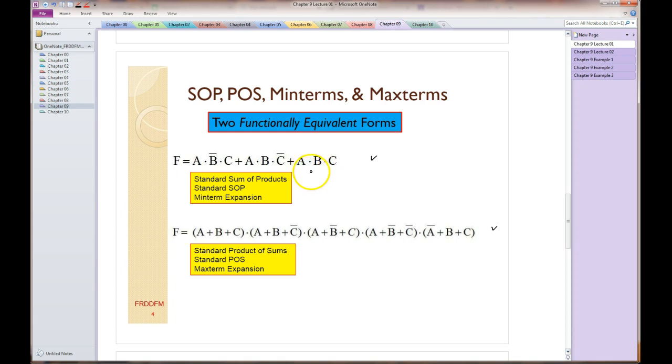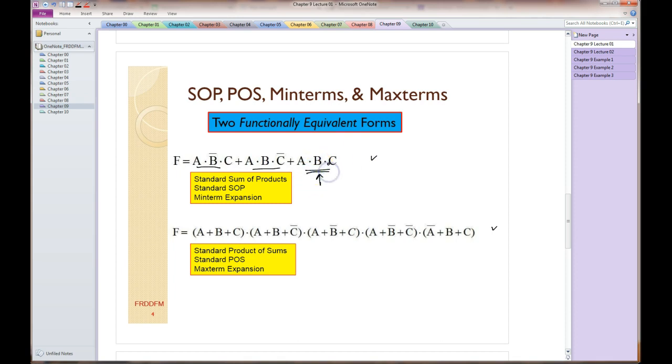So it's a sum of products, which means these are the product terms that are being summed together, sum of products. But because each of those product terms has all three input variables, they become standard product terms, and this equation is officially standard sum of products, which people often write as standard SOP.